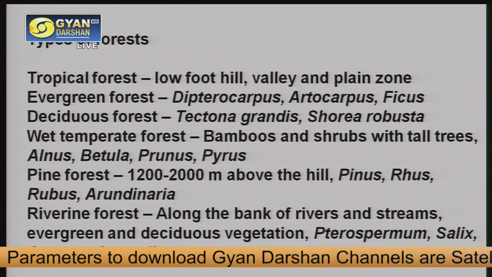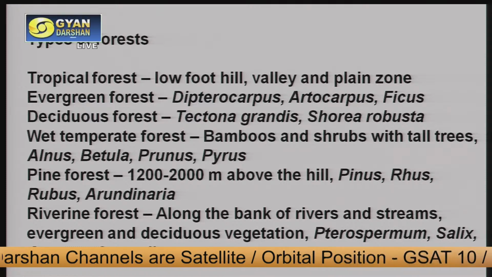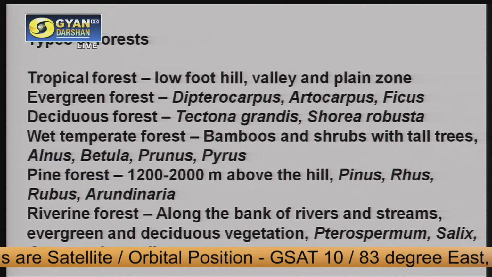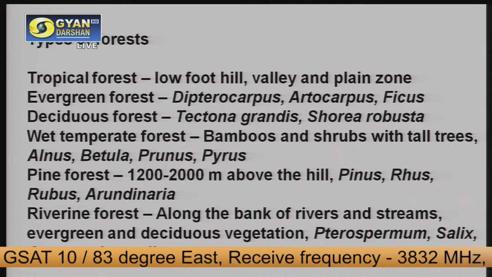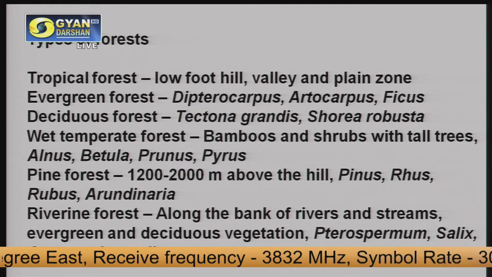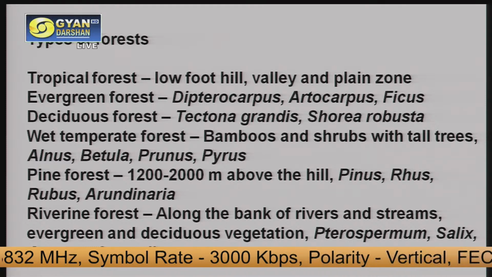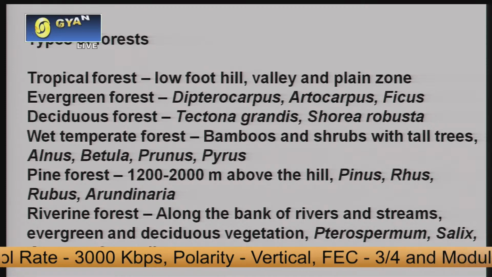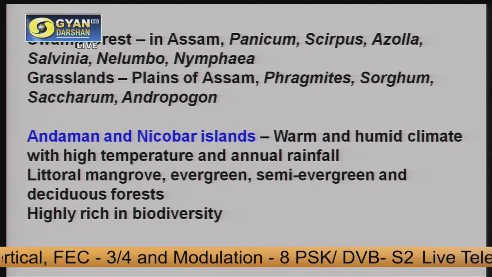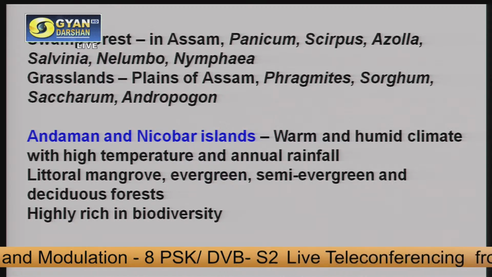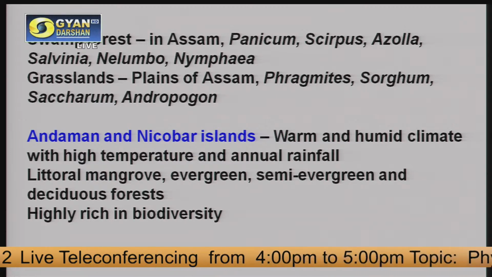Here again it's a combination of different types of forests. You have the tropical forest, that is along the valley or the low foothills, evergreen forests, deciduous forests, wet temperate forest, pine forest which is at a considerably high altitude 1200 to 2000 meter above the hills, the riverine forest that is along the banks of rivers and streams, swampy forest that is in Assam, Panicum, Scirpus, Salvinia, Azolla, these are water ferns, so these are very much common in the swampy forests, and then grasslands.